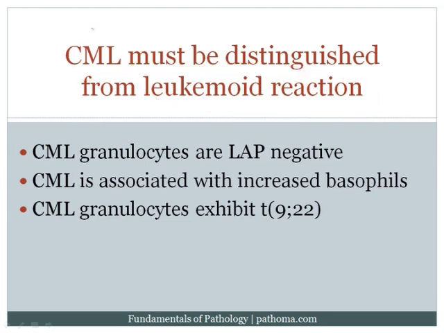The first way I can make that distinction is to look at an enzyme called leukocyte alkaline phosphatase. Leukocyte alkaline phosphatase is an enzyme present in the secondary granules of granulocytes. And leukocyte alkaline phosphatase is an enzyme that's useful for the purposes of inflammation. Now, cells that are arising due to an inflammatory process, a leukemoid reaction, would be leukocyte alkaline phosphatase positive.